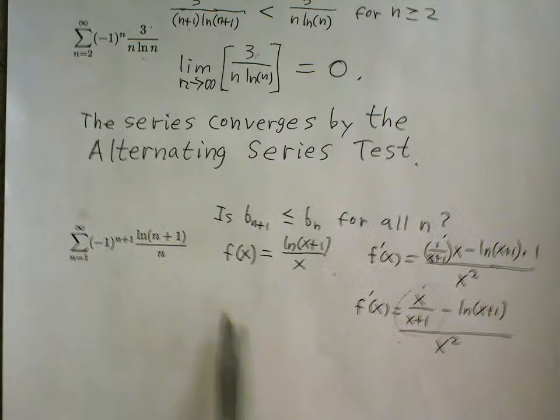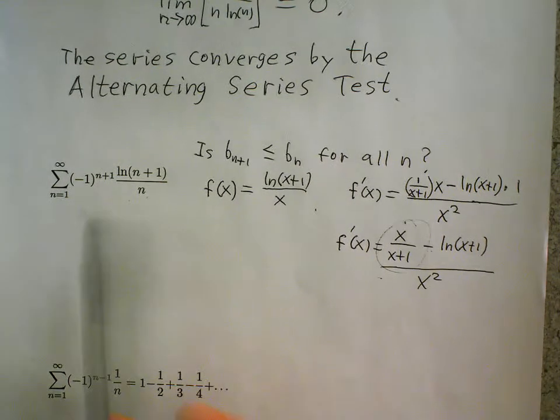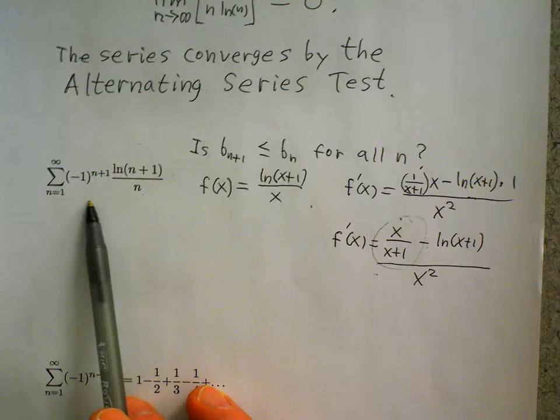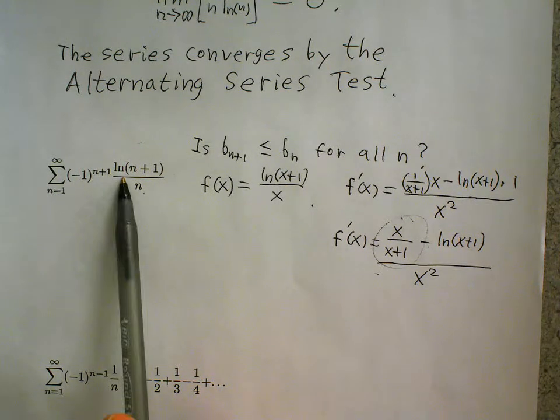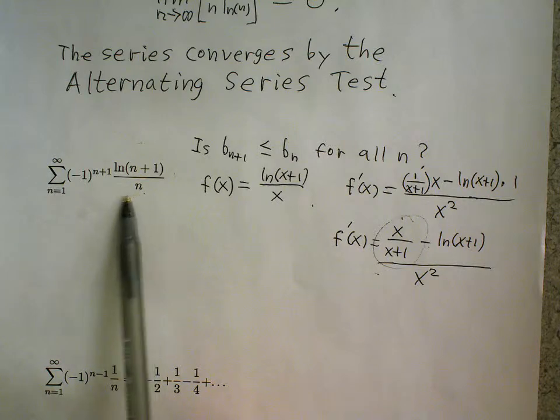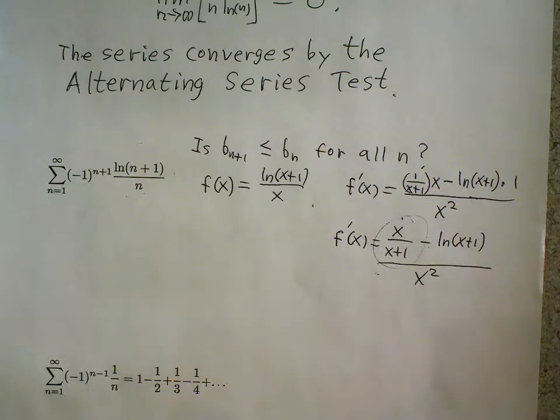We were looking at this example on Wednesday. This is an alternating series. The b sub n terms are the natural log of n plus 1 over n, and they alternate from positive to negative and so on.